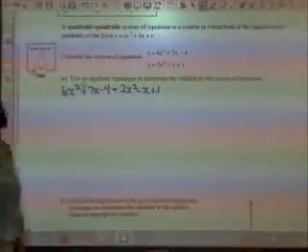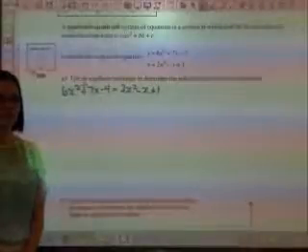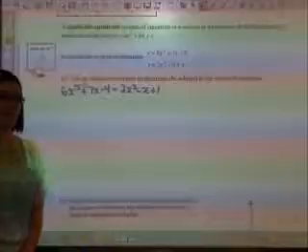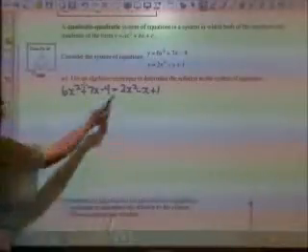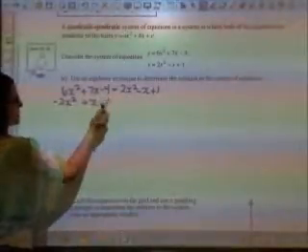What do you think my next step would be? Just the 2x squared or everything? So if we moved everything, it would be subtracting a 2x squared, adding an x, and subtracting a 1.